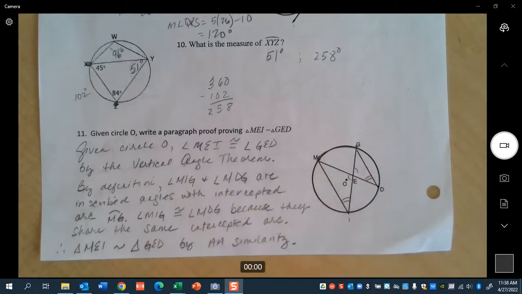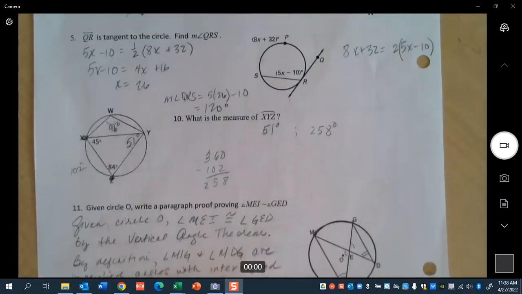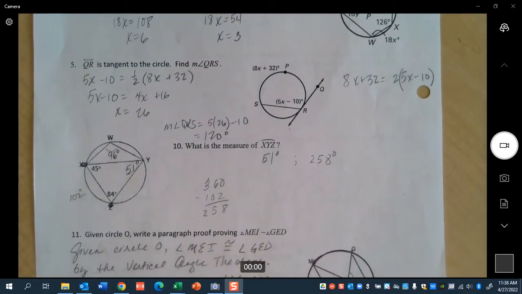And the paragraph proofs, are you finding yourself, oh, go ahead. Olivia first, then you. Number 5, can't you do 10x minus 20 equals 8x plus 20, something like that?